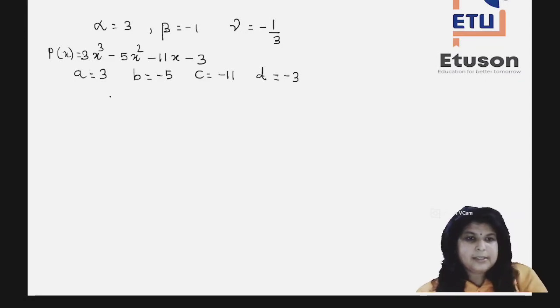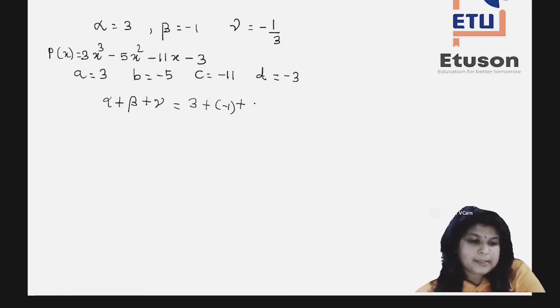So what is the relationship? It is alpha plus beta plus gamma, that is equal to 3 plus minus 1 plus minus 1 by 3.